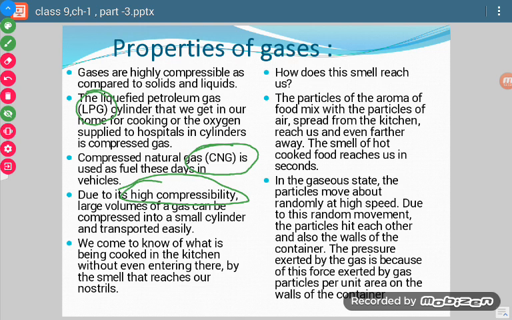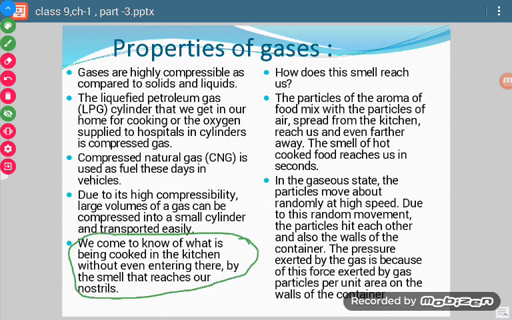Okay, now one more property of gas you can see. When something is being cooked in our kitchen, then we are able to get the smell sitting in any other room or far away from the kitchen. So how is it possible?